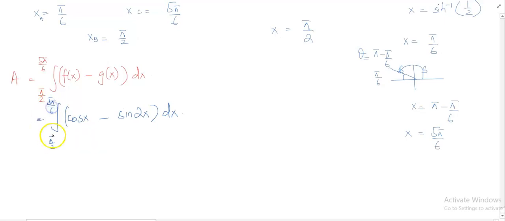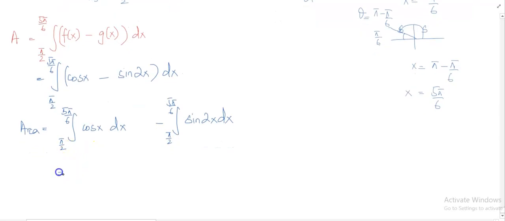Now when I integrate that, this becomes the integral of cos x dx minus the integral of sine 2x dx, and it goes from pi over 2 to 5 pi by 6, and similarly the integral limits are going to stay the same, right? So yeah, that's the area.